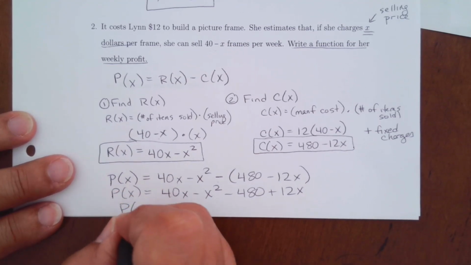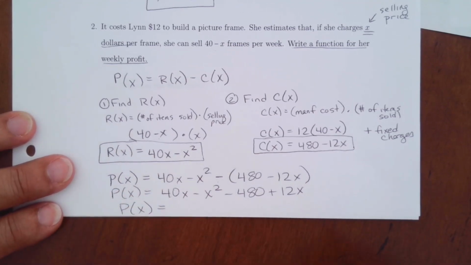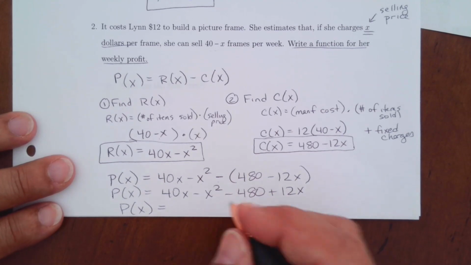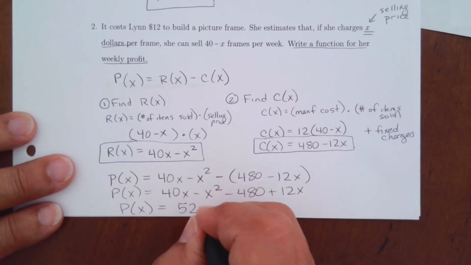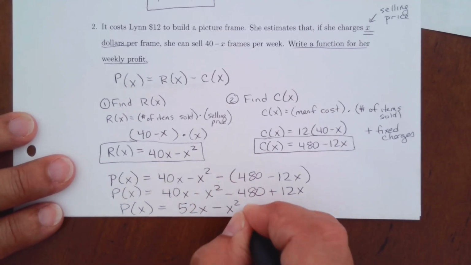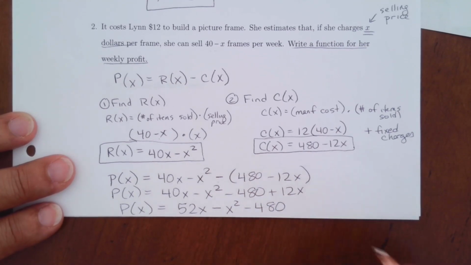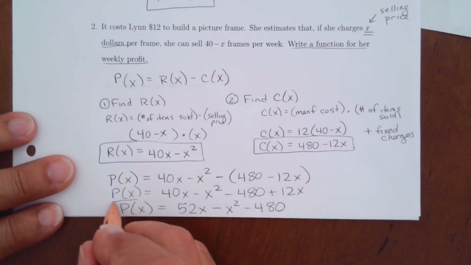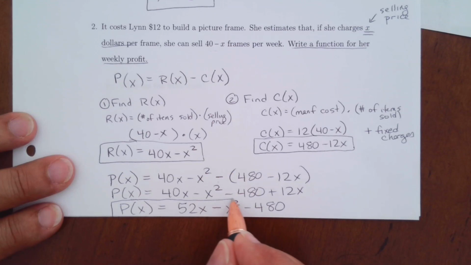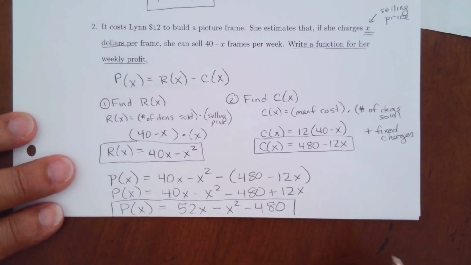Now I can add some like terms. I've got 40x plus 12x, that's 52x, minus x squared minus 480. I can't do anything else with that, so that is your profit function. That is the final answer to our question.